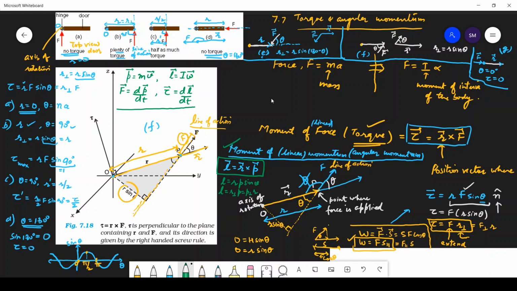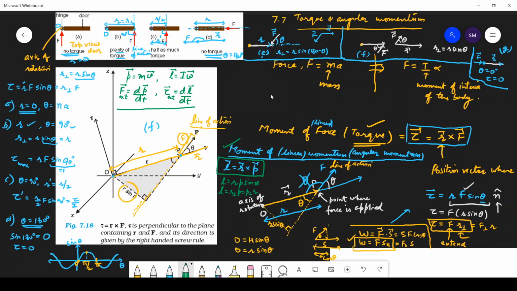The only thing you need to understand is that here this was the net external force, and here also this is the net external torque. I'm not talking about the internal forces, they cancel out each other. In the case of torque also, the contribution of the internal forces to the total torque on the system is 0.